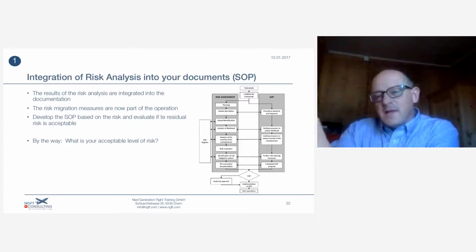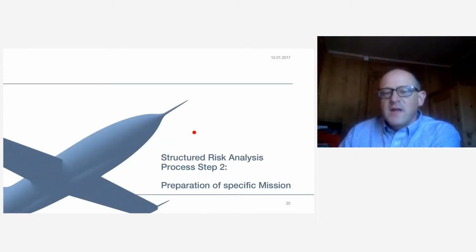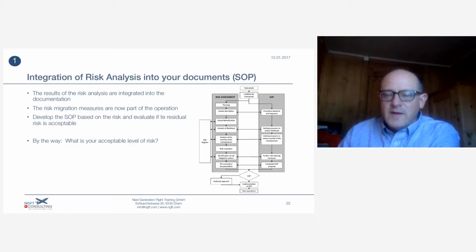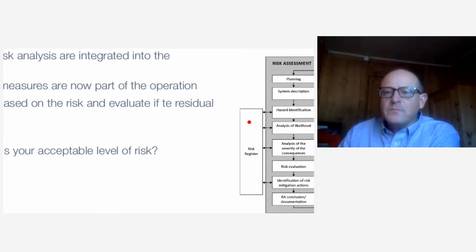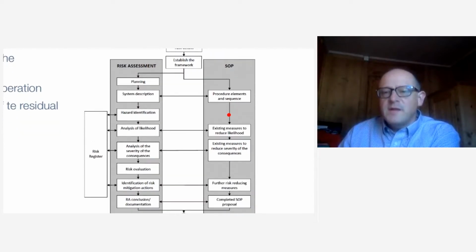If you look at the picture on the right-hand side, you can see that you basically integrate the risk analysis into the SOP. Sorry, that's wrong. Too fast. All right, so what you see, the risk assessment and the SOP writing is something that you basically do in parallel.